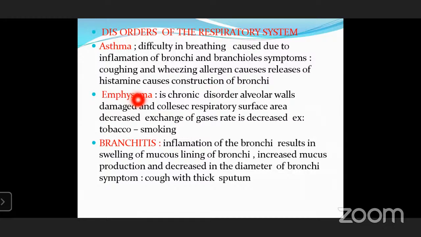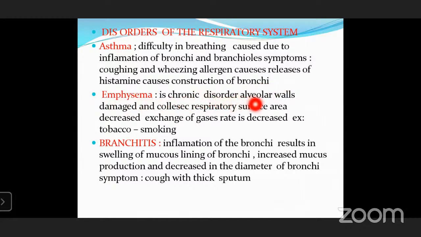Emphysema is very, very important. It is a chronic disorder. Alveolar walls are damaged. In asthma there is inflammation of bronchi and bronchioles, but here alveolar walls are damaged and collapse.